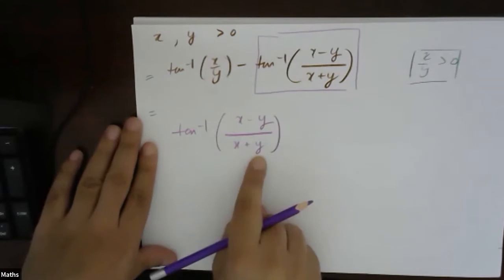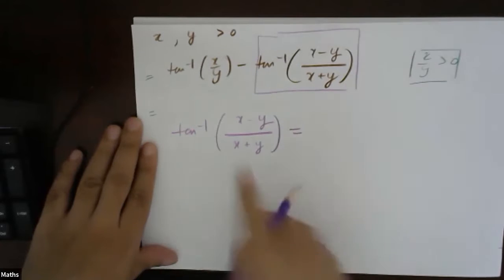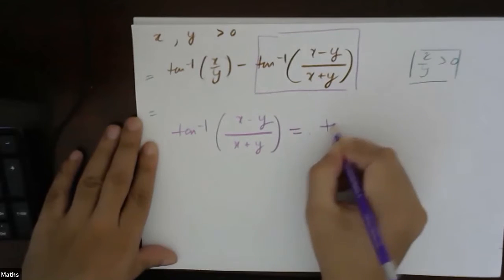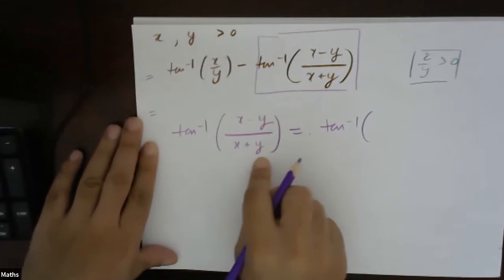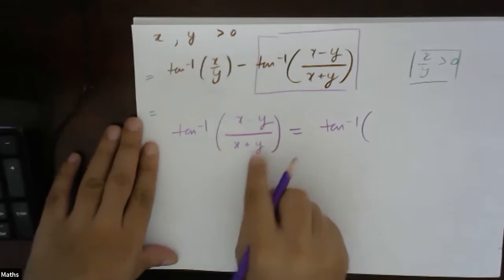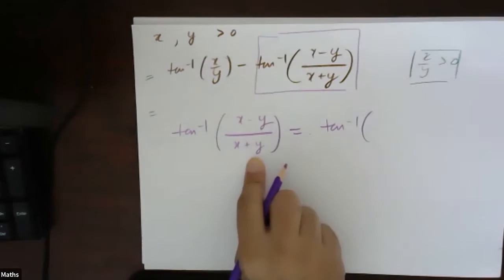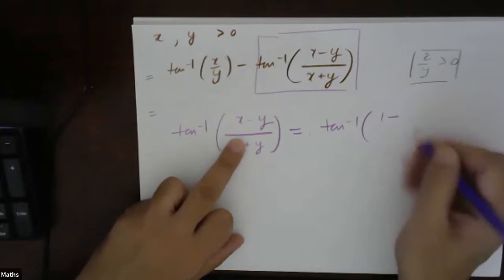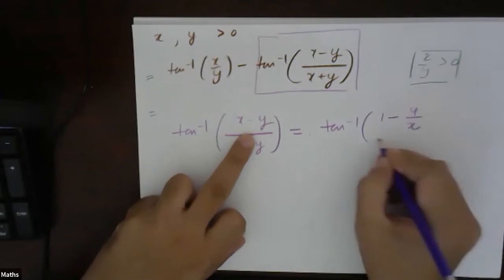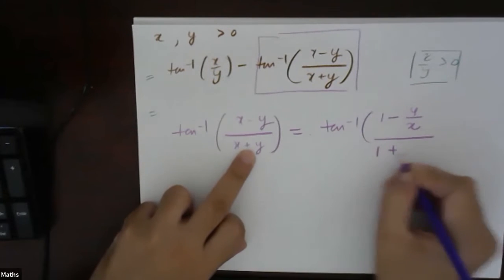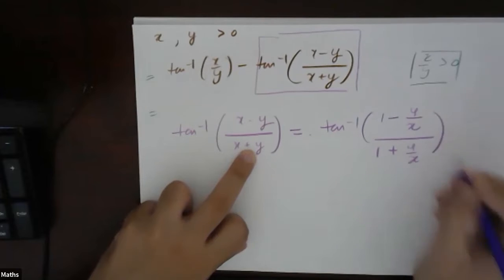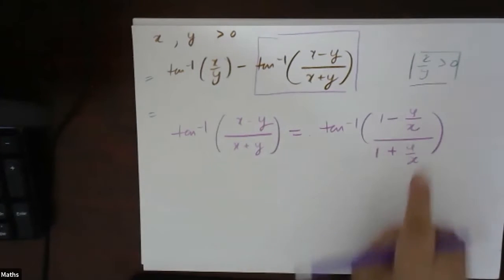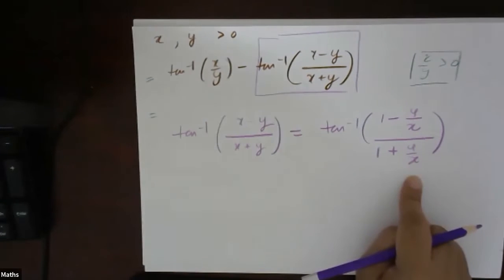We can write this term simply as tan inverse of, if I divide both by x, tan inverse of 1 minus y by x upon 1 plus y by x.